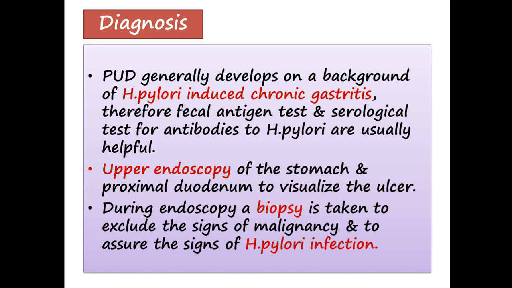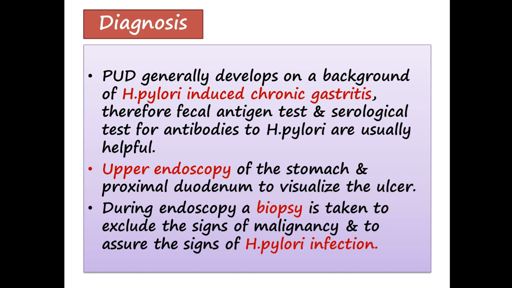In our previous lecture, we discussed chronic gastritis as H. pylori gastritis and autoimmune gastritis. Here we are talking about the Helicobacter pylori induced chronic gastritis and peptic ulcer. And as I mentioned, the same peptic ulcer can also be caused by non-steroidal anti-inflammatory drugs.